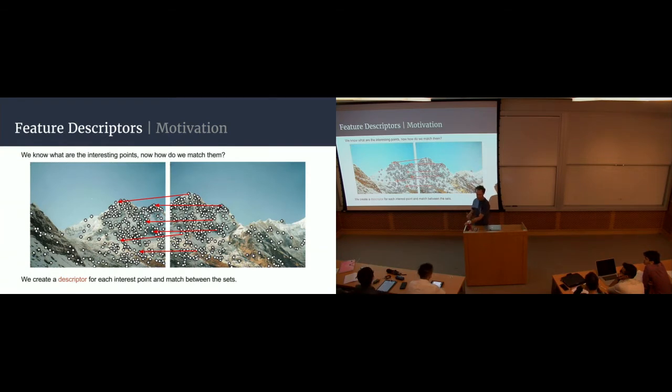A descriptor will describe this key point, will give it sort of an explanation, and then we can look in a different image to see if we can find a very similar key point. Usually those descriptors are vectors of numbers, and we can match them in a certain way. All right?